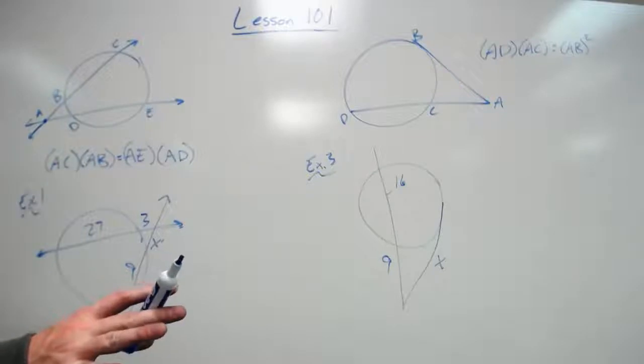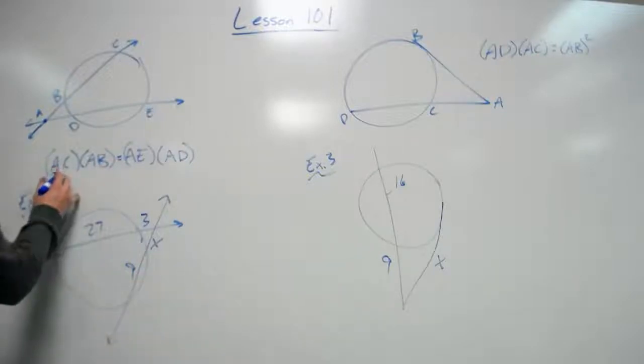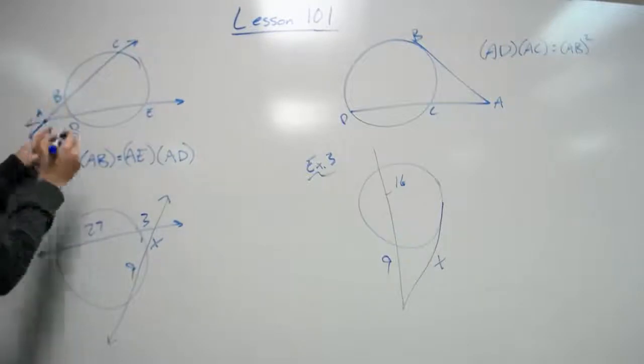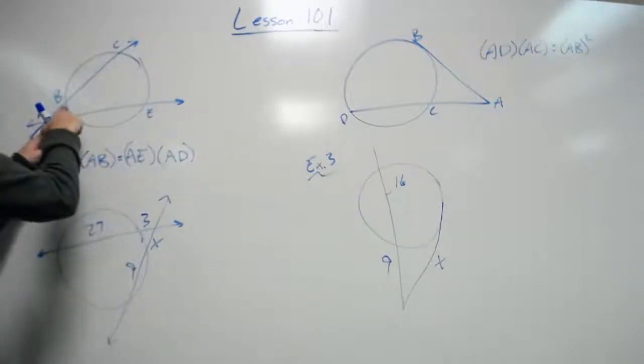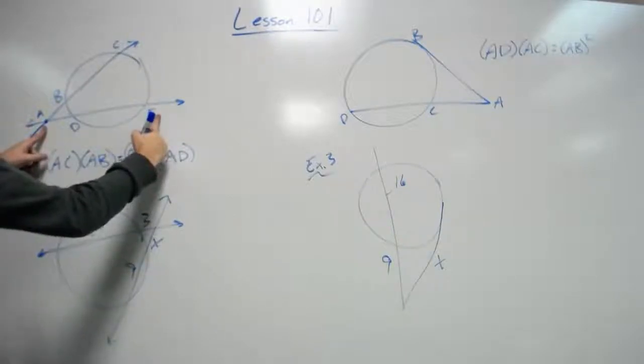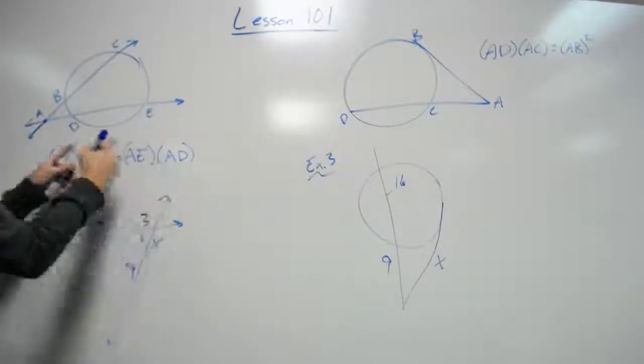Long story short, AC, the whole secant from here to here, times AB, the external segment, is equal to AE, the secant, times AD, the external segment.